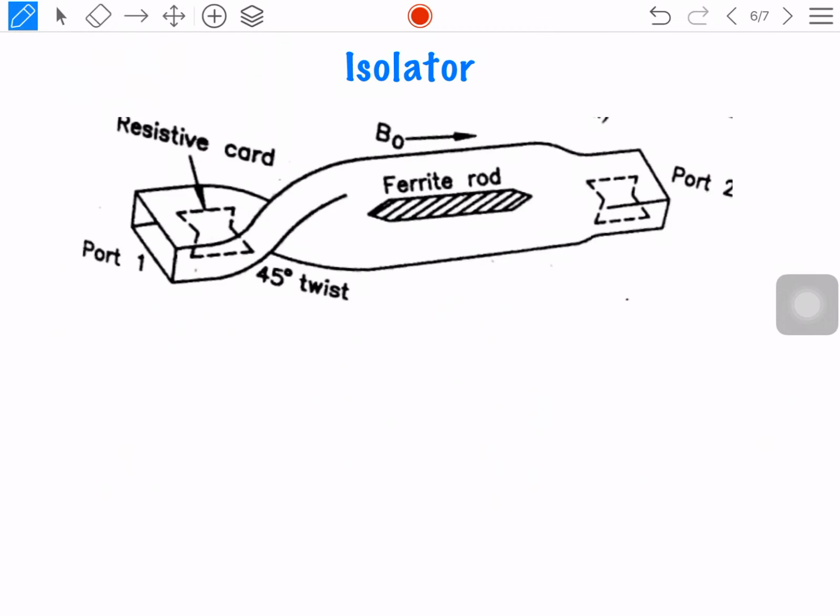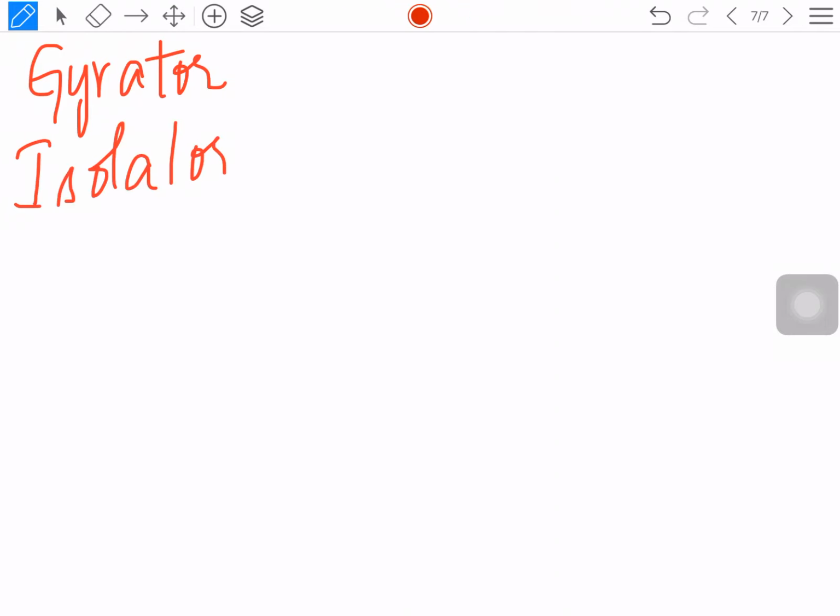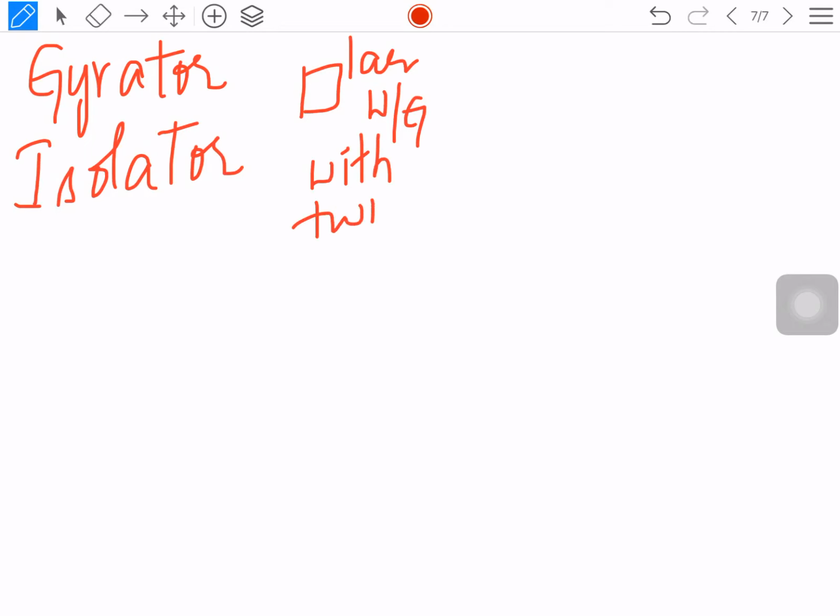So today we have seen two types of devices which are called the gyrator and the isolator. The construction of both is almost the same. Both have a rectangular guide with a twist where port 1 is created.